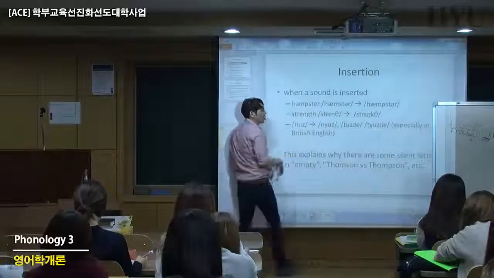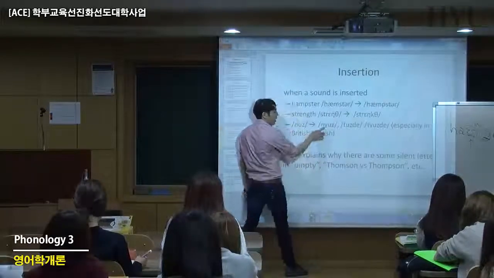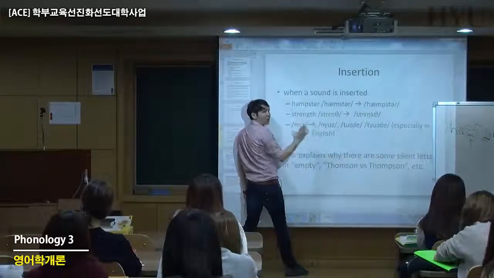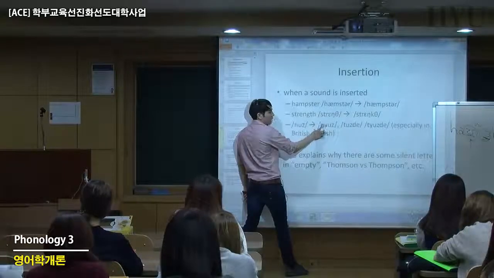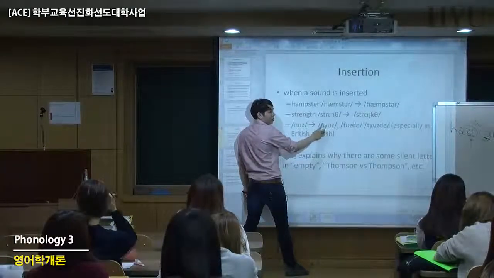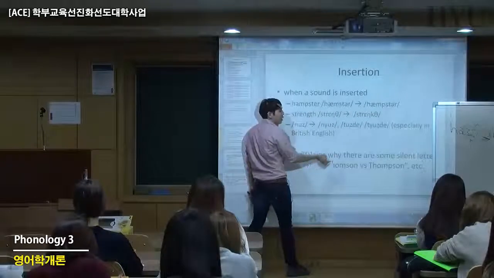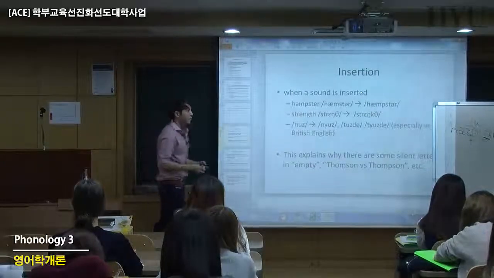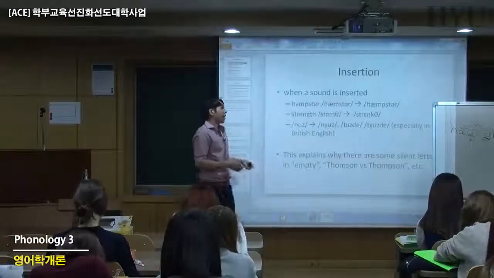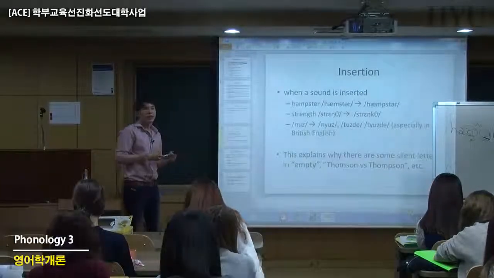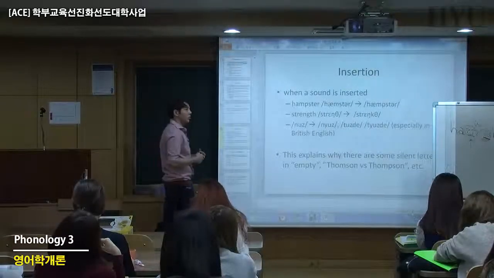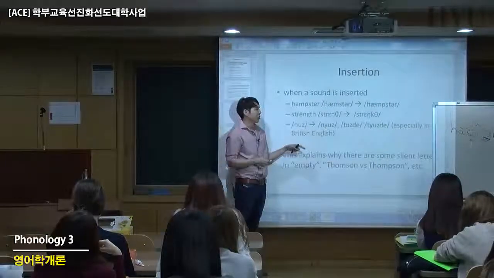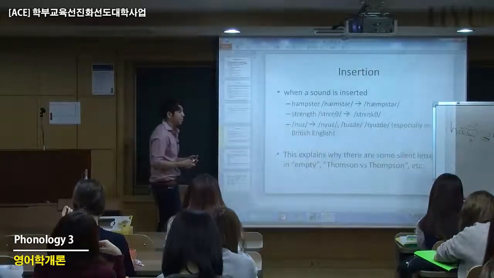Doesn't matter. So you see that Y is also always inserted after an alveolar: N is an alveolar, T is also an alveolar, plus a U. So Y is stuck in between, okay? Especially in British English, even though in American English, people don't usually pronounce news or Tuesday like that, okay?